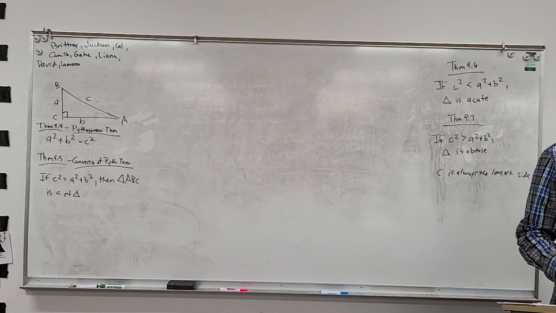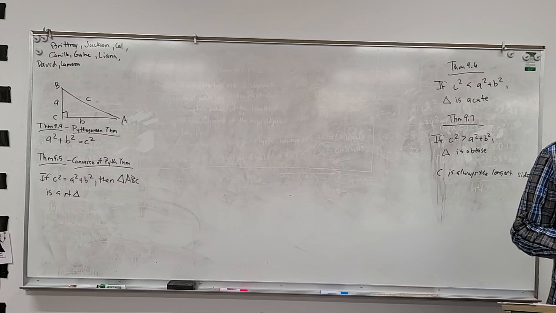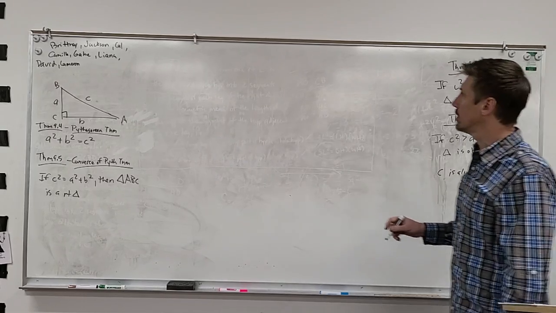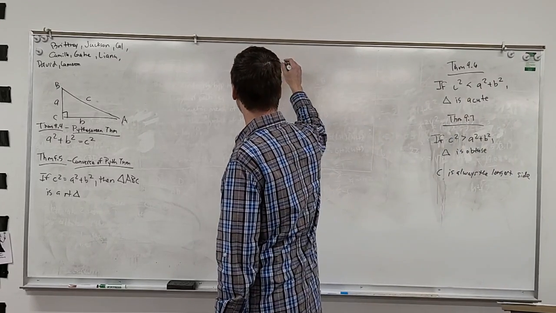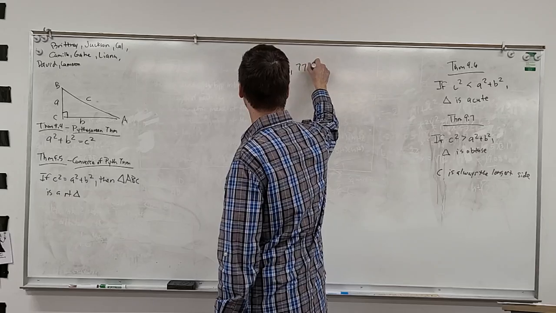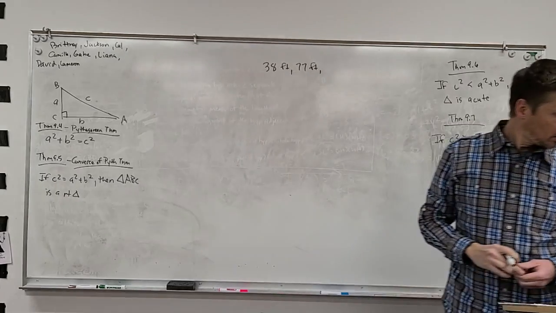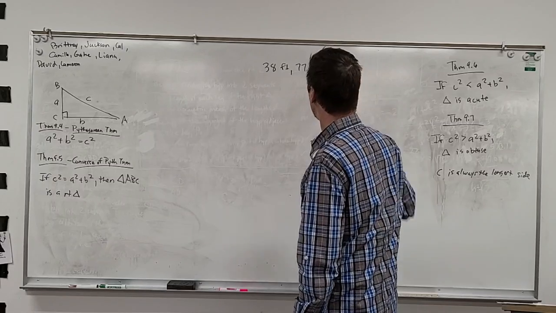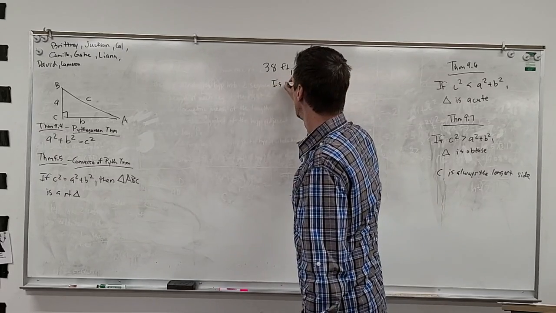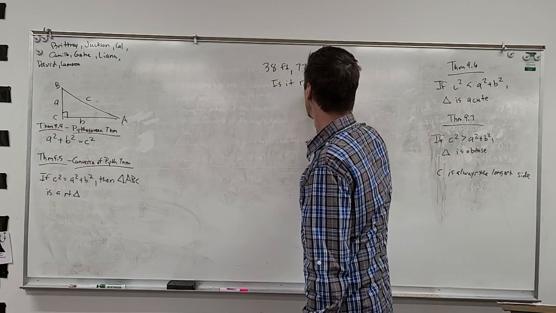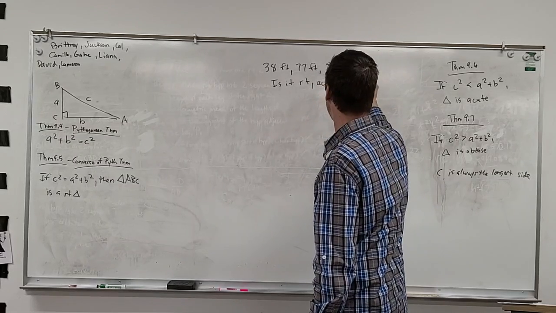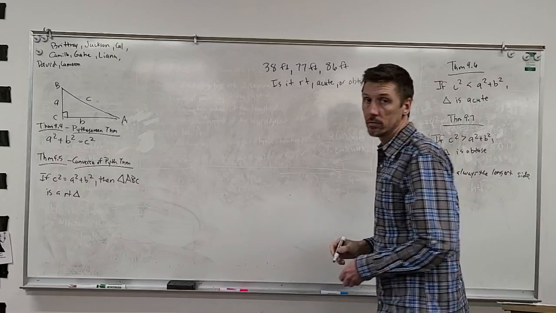So, for example, if I gave you these sides, I said I have a triangle that is 38 feet by 77 feet by 86 feet. Is it a right, acute, or obtuse triangle?